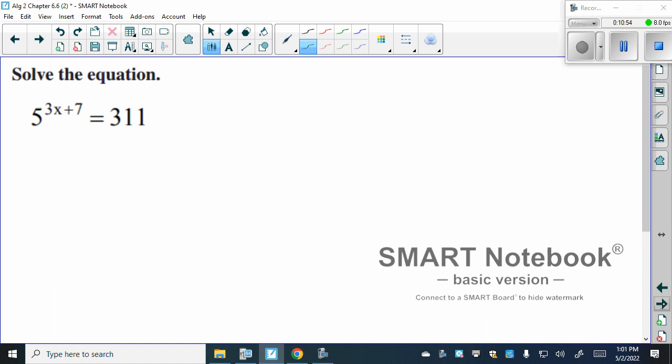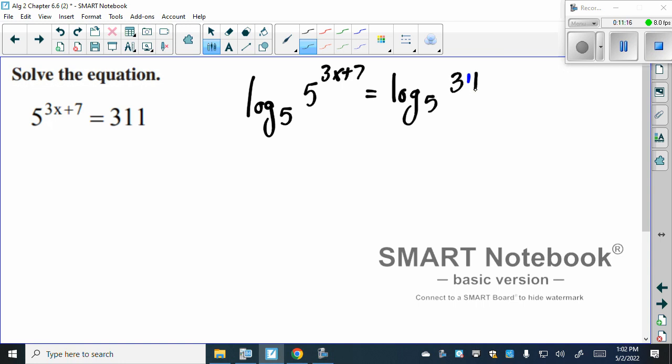We'll look at this one here and then we'll move on from this here because I feel like probably y'all are getting the hang of how these work. For this one here, what are we going to do to both sides? We'll apply log base 5. Here we're going to have 5 to the power equals 311.